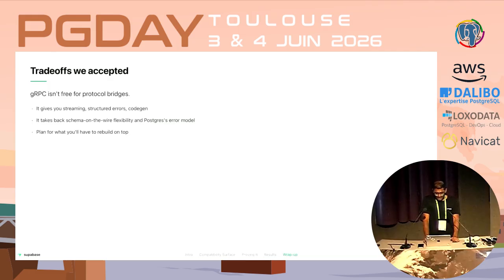We gave up the schema-on-wire flexibility you would get from rolling your own protocol. And as you saw with those error fields, we gave up Postgres' native error model and had to rebuild it on top of gRPC. The rebuild is real ongoing work, and it was the right call for us, but it's a genuine trade-off and there is no free lunch.